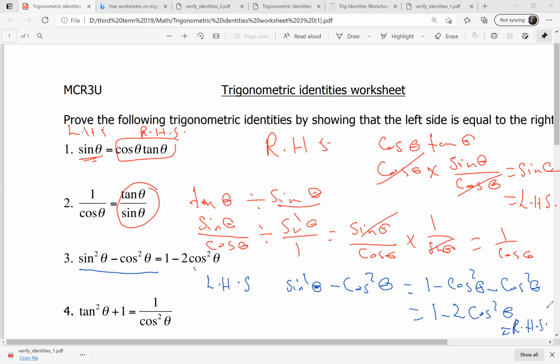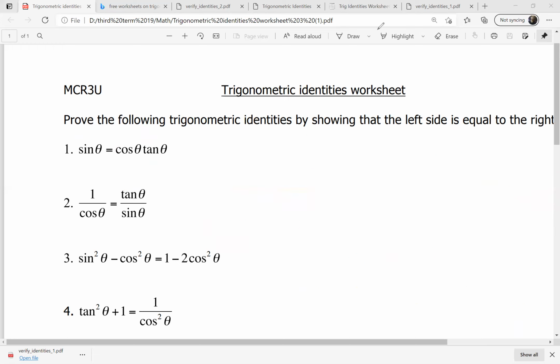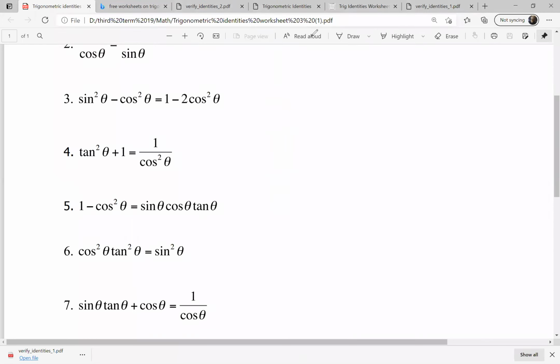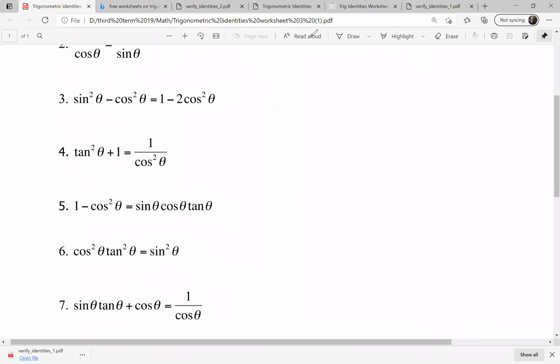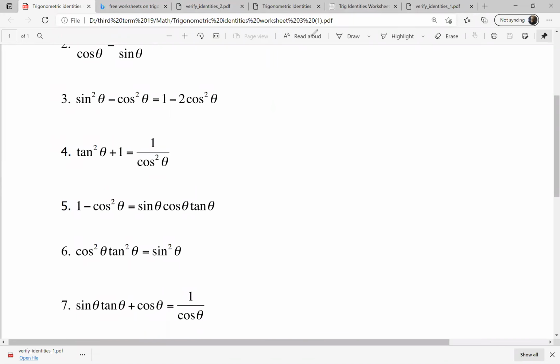Okay? Another one, number 4, we can solve it easily. Okay, number 4, tan squared theta plus 1 equals this one. You already have the relation: tan squared theta plus 1 is sec squared theta, from the relation that we studied before and revised just now.